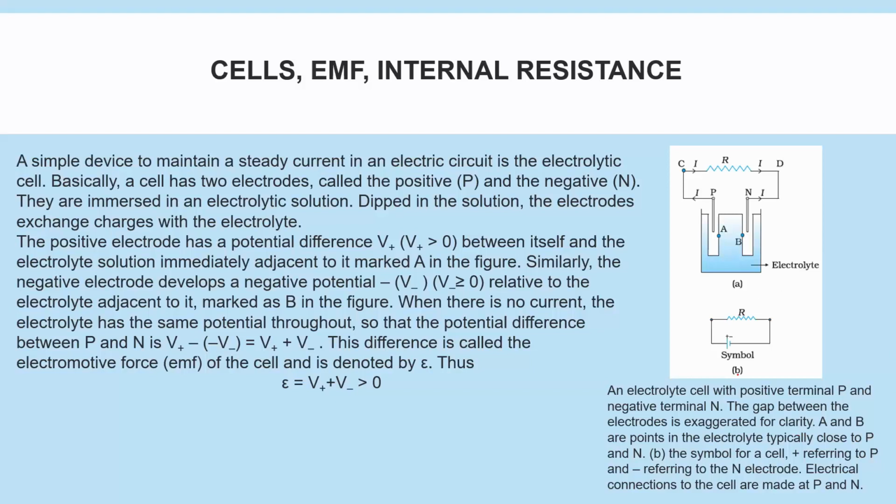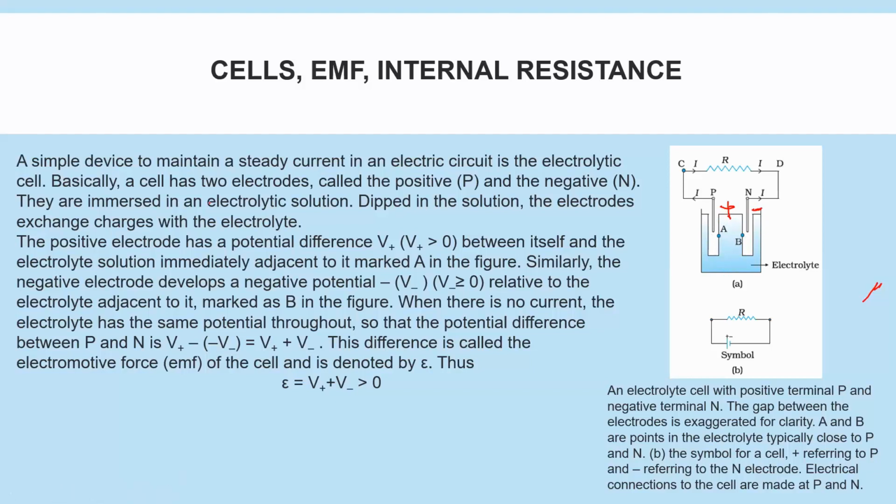One electrode is positive, P, and the other is negative, N. Suppose we have dipped the two electrodes in the electrolytic solution. If we pass a current through it, your positive electrode will get positively charged, your negative electrode will get negatively charged, and the negative and positive ions in the electrolyte start moving, and they contribute to the current that then flows through the circuit.